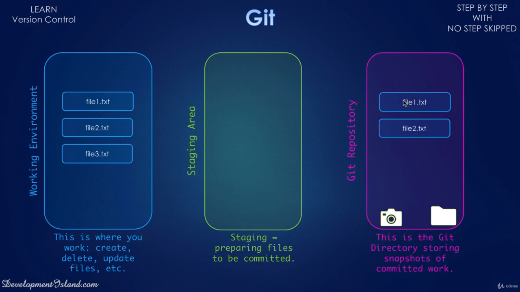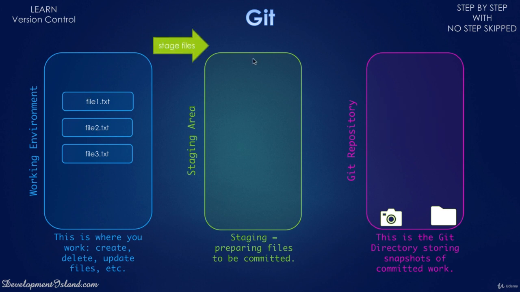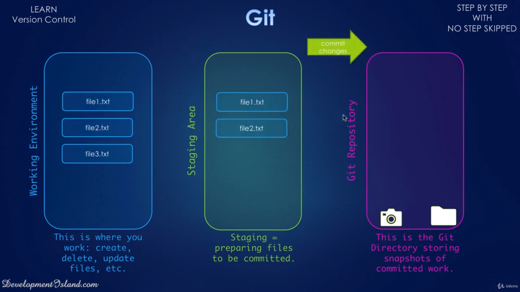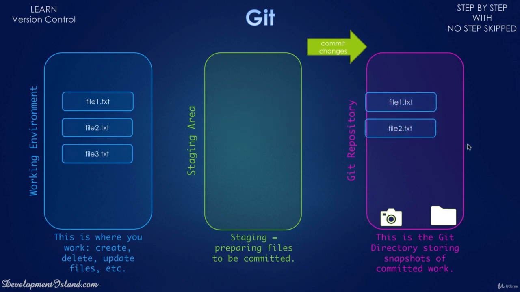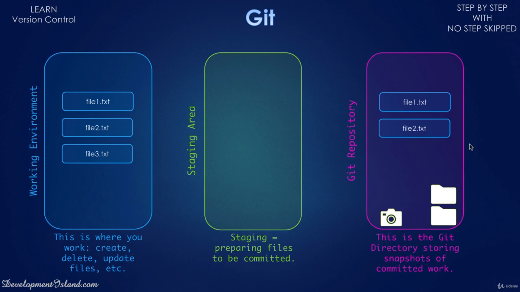Now once you make a snapshot like this, you can go back to your work, continue making changes to your files, and then stage the files you would like to commit next time, then commit them once you are ready, then create a new snapshot of your project.